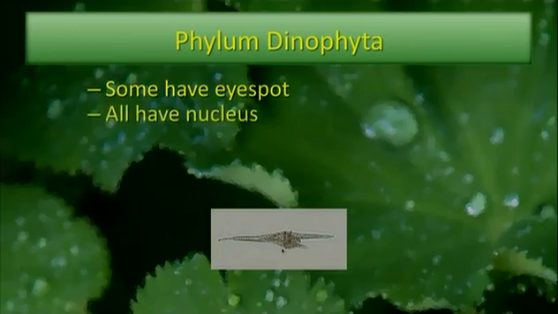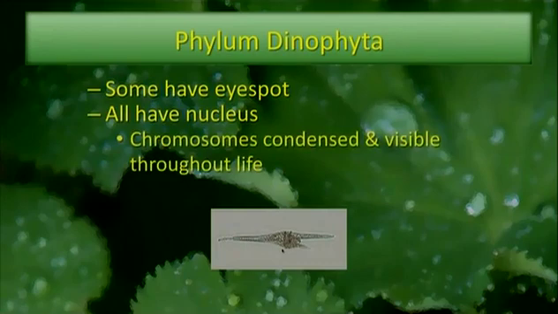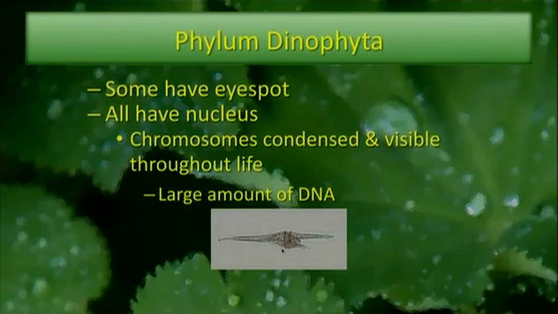All of them have nuclei with a special characteristic: the chromosomes in their nucleus are condensed and visible throughout their life. They never go into chromatin. They also have fairly large amounts of DNA, approximately 40 times the DNA as humans do. We have 46 chromosomes, so that's about 50.